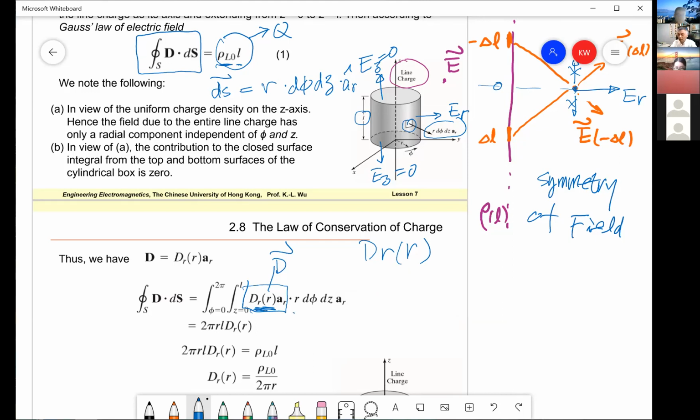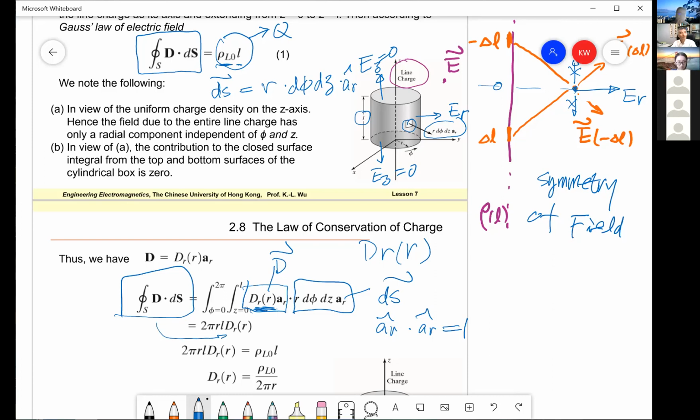Then with ds, the differential area, we take the dot product: a_r dot a_r, because this is a unit directional vector, equals 1. So the total flux can be obtained by integration, and because everything is uniform, it is just multiplied by the total length L.